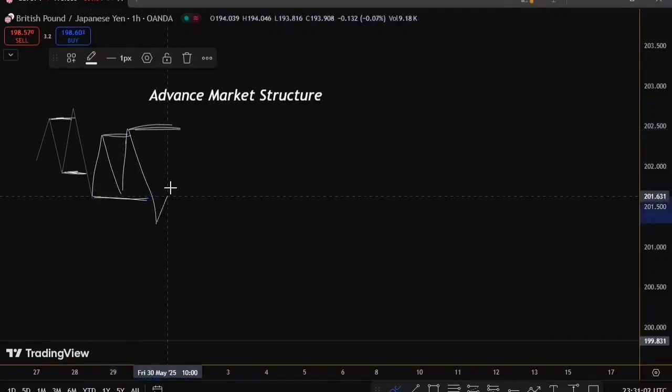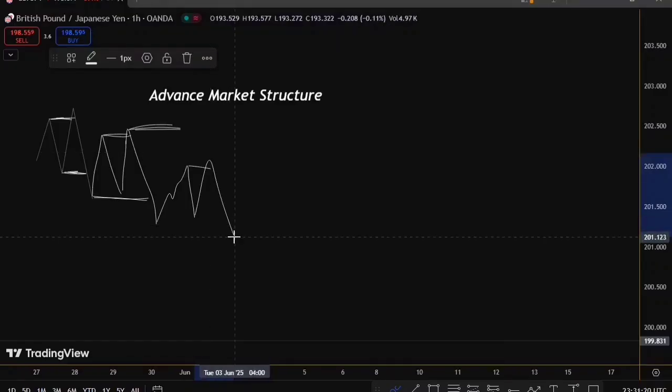So when the pullback starts coming in, wait for price to create engineered liquidity or structural liquidity, inducement, or whatever it is. Then we simply wait for the market to take out that low and we look for our entry above that low. The same cycle continues.